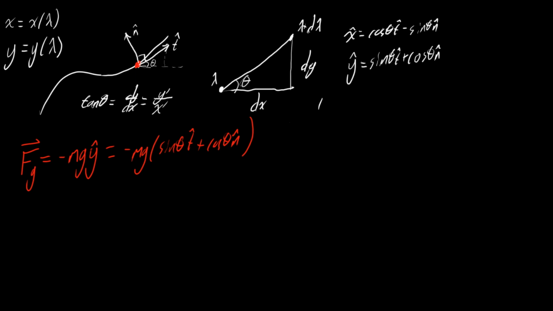You can see precisely what the tangential component of gravity is and what the normal component of gravity is. So when we add the normal force to this to get the net force, we're just going to cancel out that normal component. So we get purely the tangential component. So that's going to be great.